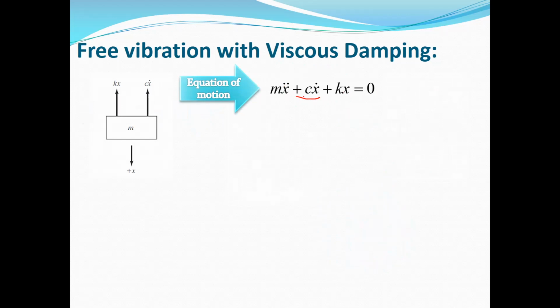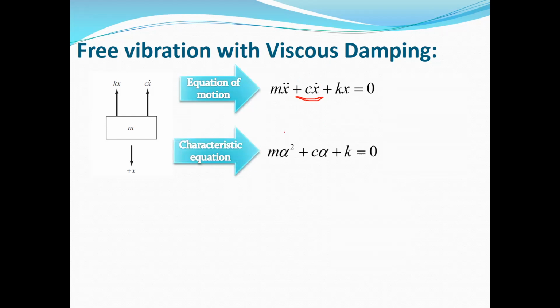But here in a damped system, you can see that we have one additional term, which is C x dot. So in the equation of motion, we have one velocity term, and this velocity term will affect our response, as you will see, and will change the behavior of the system only by adding this C. And sometimes we can control the vibration by using this parameter C.